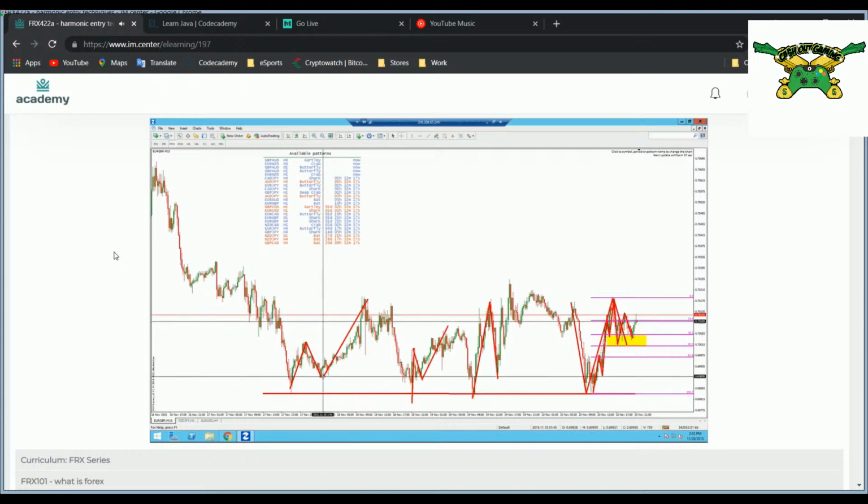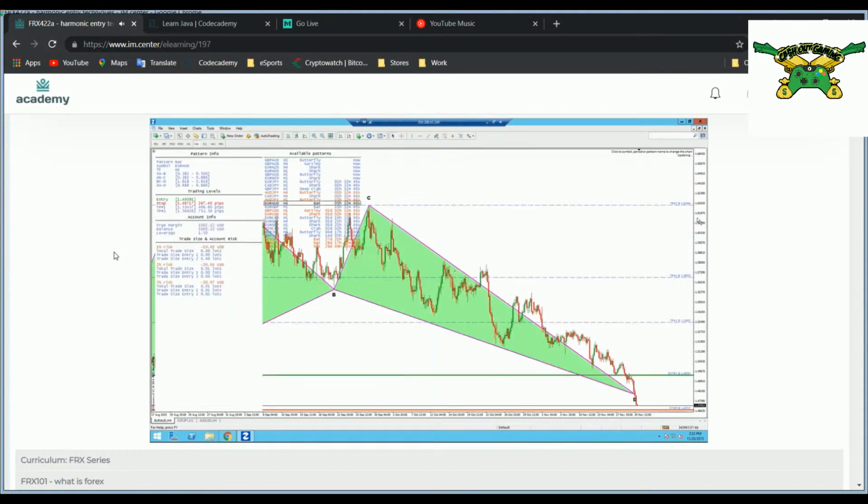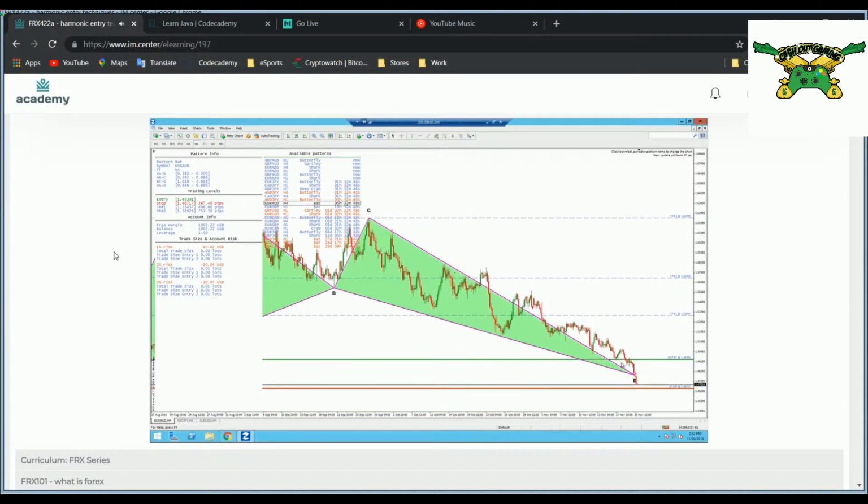First play, bang, buy, comes down again, buy, comes down again, buy, comes down again, you pull back, buy. You have multiple entries. If this market's going to go up, up, up, every time you're pulling back, you're buying it.